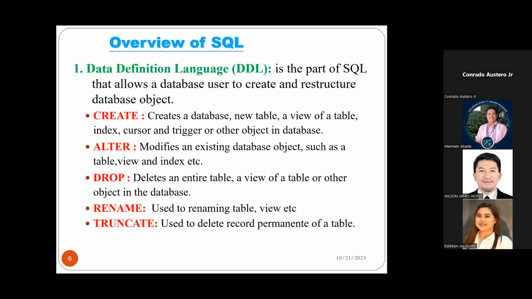It creates a database, a new table, a view of a table, index, cursor, trigger, or other object in a database. Alter modifies an existing database object, such as a table, view, and index, etc. Drop deletes an entire table, view of a table, or other object in the database. Rename is used for renaming a table or view, etc. Truncate is used to delete the records of a table permanently.